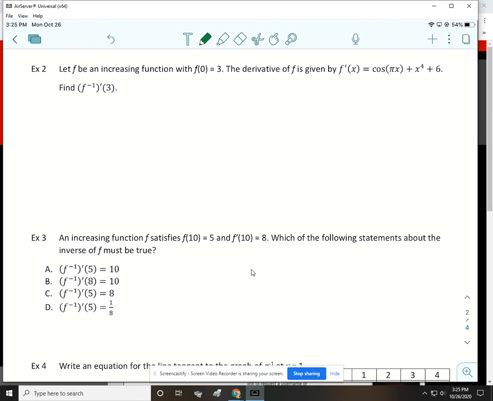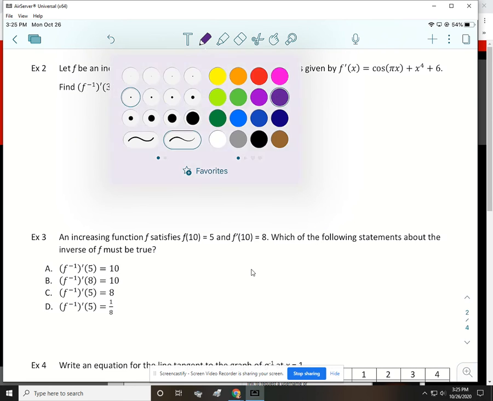And we also know f prime of x. And we want to find f inverse prime of 3. All right, so let's talk about this. If f of 0 is 3, f inverse of 3 is 0. That's important. We need that for sure.